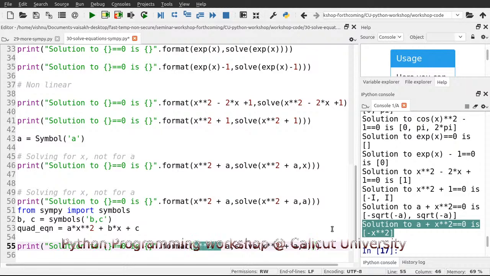Solution for the quadratic equation, you want solution for x.